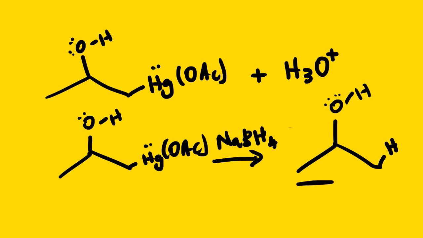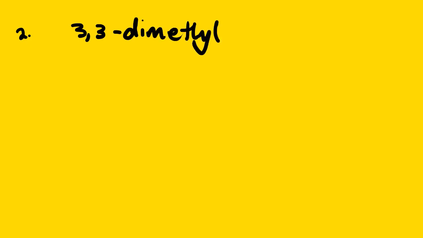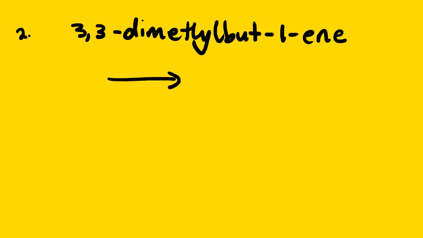For the next example, I will leave it for you to do. Then you know that, as usual, you get back to me with an answer. So we have 3,3-dimethylbut-1-ene. It undergoes oxymercuration-demercuration, Hg(OAc)2, H2O.